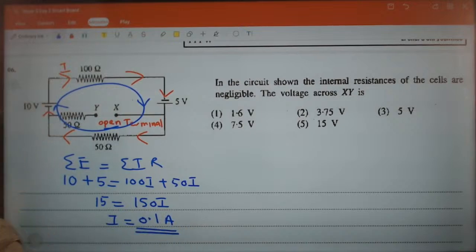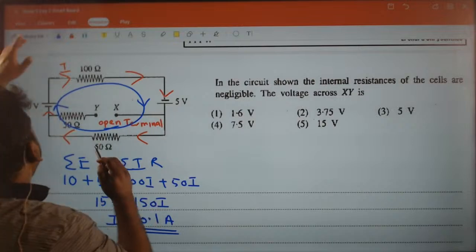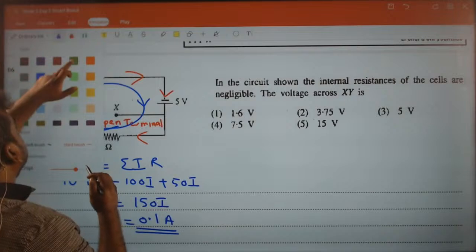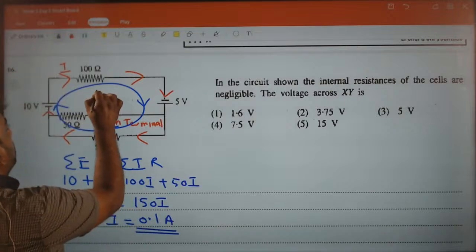Great. Now they want the terminal potential difference across X and Y. So how will you find it? Very simple. You have learned this. I have taught you this. Take a smaller loop.